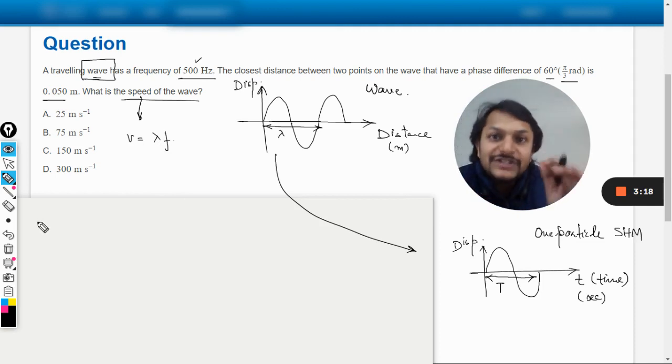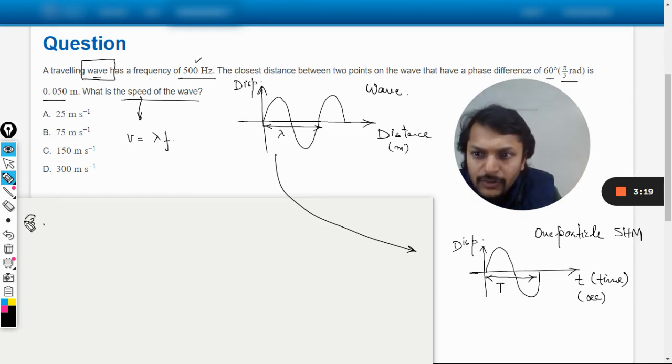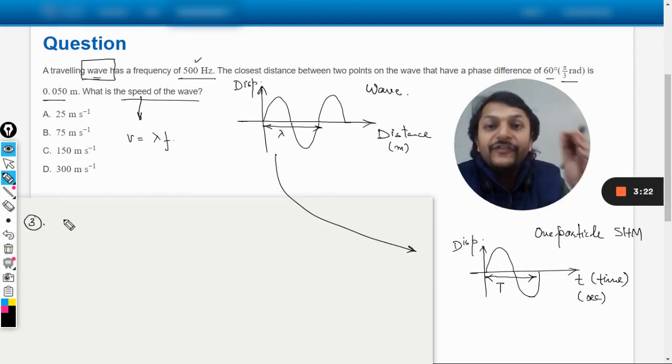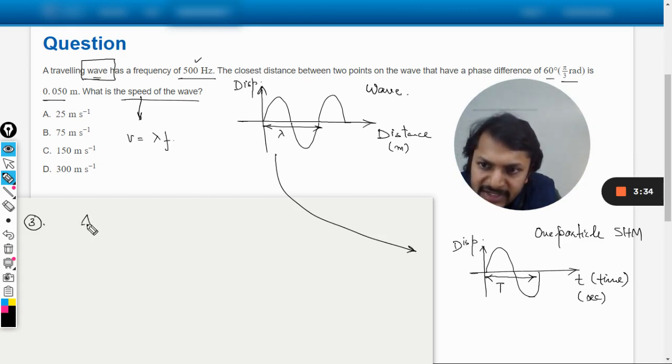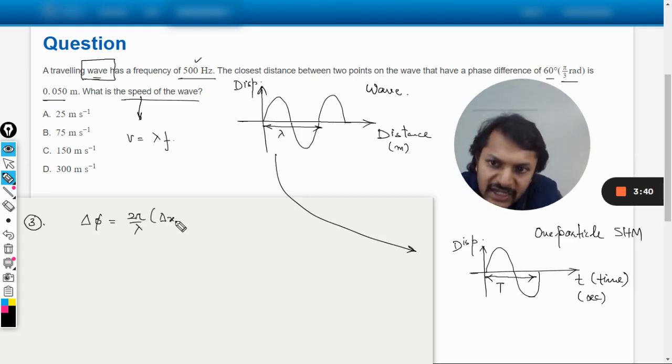This is the third concept that I am going to tell you now. There is a very simple formula, and many times that formula goes out of our conscious mind. We are not able to recall it, but this is one of the most effective formulas. What is this? Delta phi, the phase difference, is given by 2 pi by lambda into delta x.